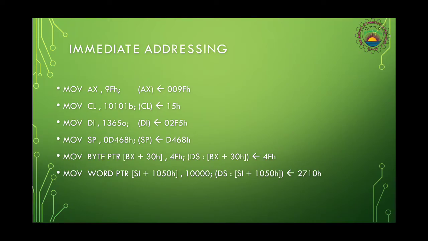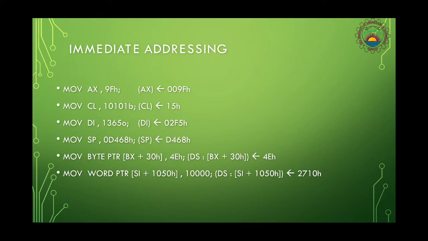Last instruction here is MOV WORD PTR [SI + 1050H], 10,000. With 10,000 there is no suffix placed. That means that number by default will be treated as a decimal number. The equivalent hex number of this decimal number will be moving into memory as a word, because we have mentioned a word pointer with the memory address.